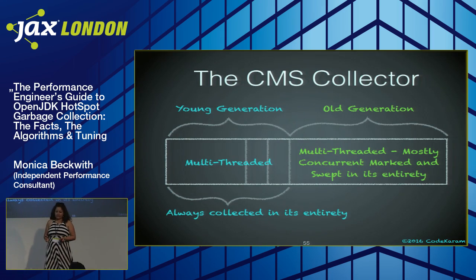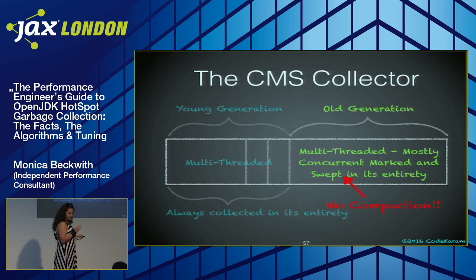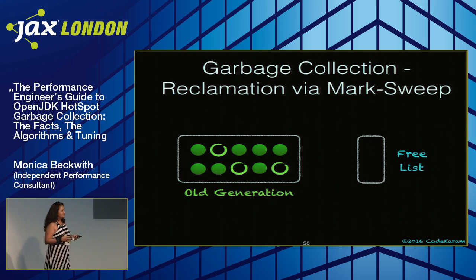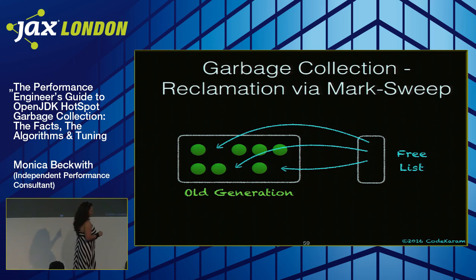What about CMS? So notice when I say multi-threaded, mostly concurrent, mark and sweep, there's something missing, and that's compaction. CMS does not do compaction, okay? So how does CMS manage the old generation? There's something called a free list. So after marking and sweeping, the area that's free is maintained by the free lists.